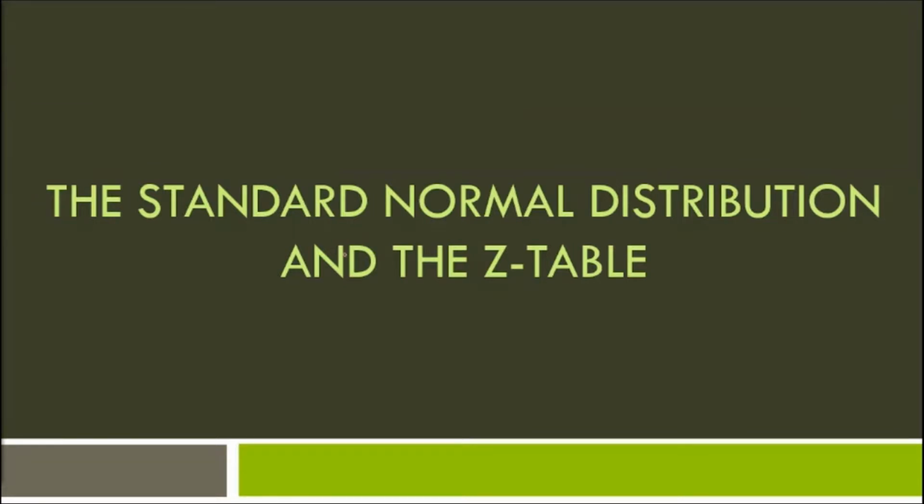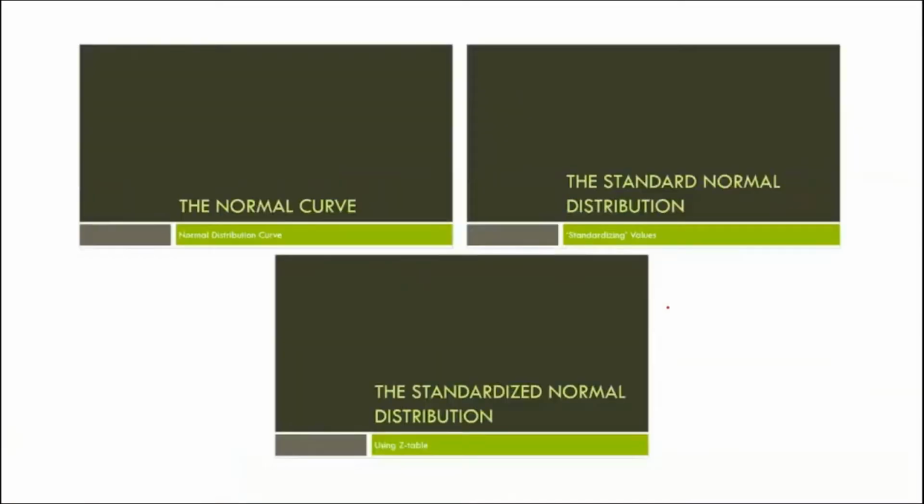In this video, we will be discussing our second topic, and that is the standard normal distribution. In our previous lesson or topic, we had discussed the normal curve. Now we learned how to graph a given value into a normal curve, that is, using the Gaussian function.